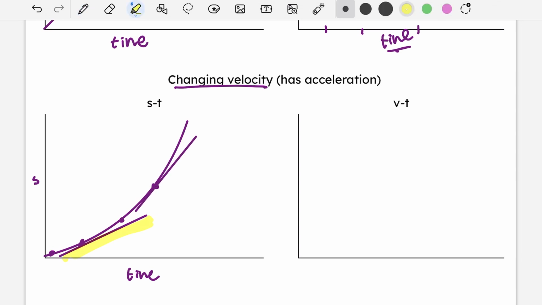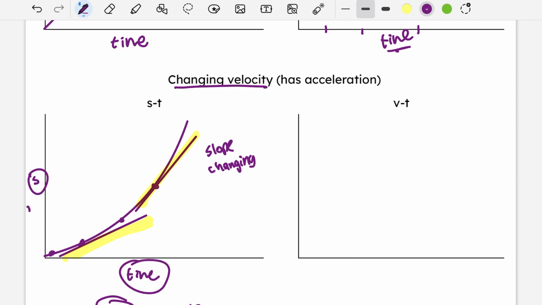And this slope is going to be equal to whatever the slope of this line is. The slope is changing. Now, what was slope in a displacement time graph? Well, slope in a displacement time graph gives me displacement or distance over time measured in meters over seconds. That's velocity. So I see my velocity is changing. It's a different number at each point along my graph here.